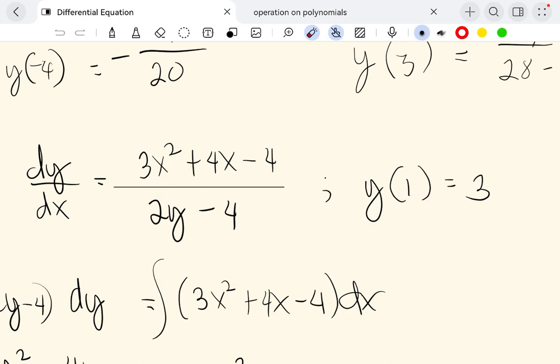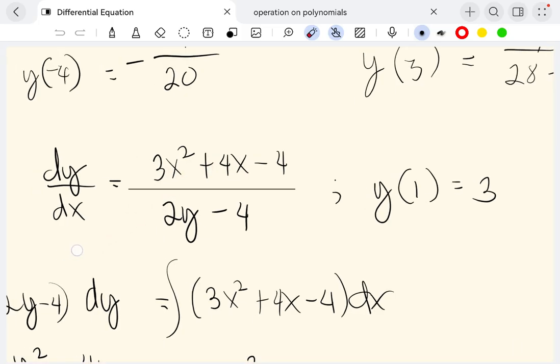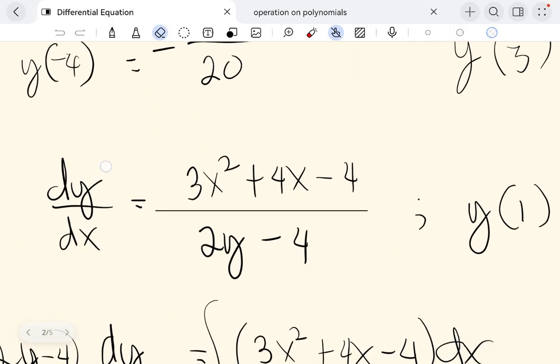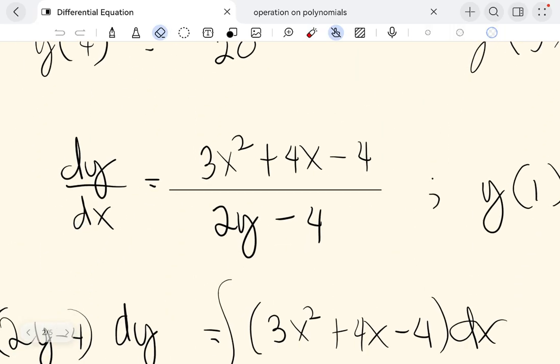After this, we will regroup or separate corresponding to its variable. So this dy goes together with this 2y minus 4; you can just cross multiply, right?